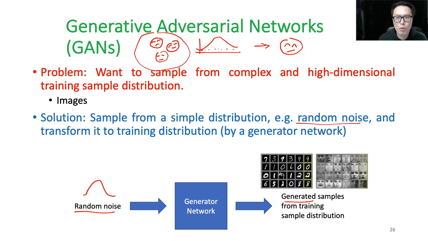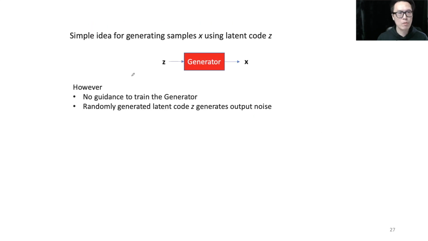That is, again, we would like to use a generator network which receives random noise and the output is some meaningful samples. This idea is very simple, and we are going to use the terminology we learned from the previous section. That is, we would like to generate some latent code. This latent code is mapped to some new samples.